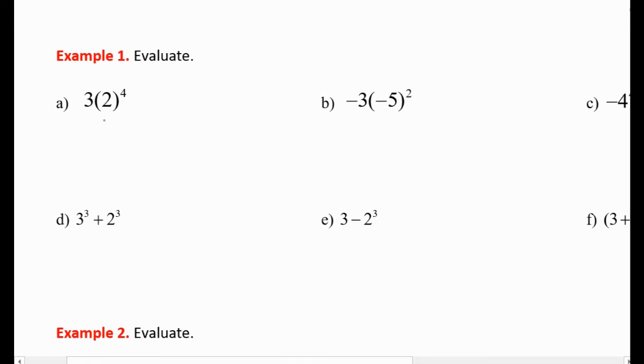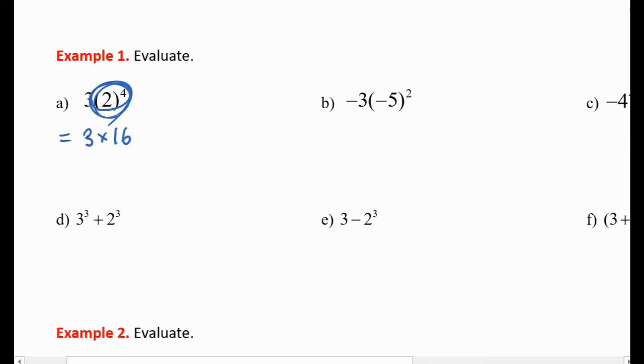Bracket and the exponent first. So we have bracket and exponent here. 2 to the power of 4. What's 2 to the power of 4? That means repeat multiplying 2 four times. So 2 times 2 times 2 times 2. That is 16.